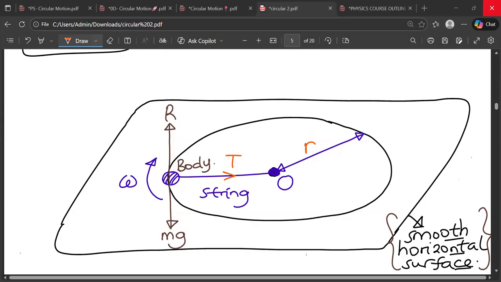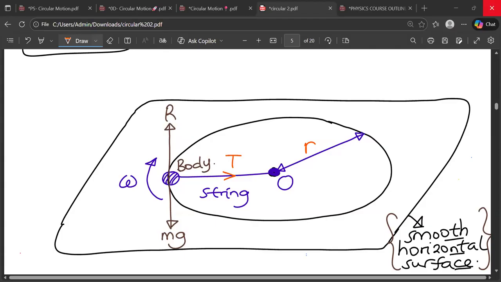If at all you're pulling a body apart, every time you're stretching a body, it experiences tension or tensional force. So when a string is holding a body, it is stretched, hence it will experience tension. And because we are dealing with circular motion, which must be kept or maintained, our tension should act towards the center, just like centripetal acceleration and centripetal force.